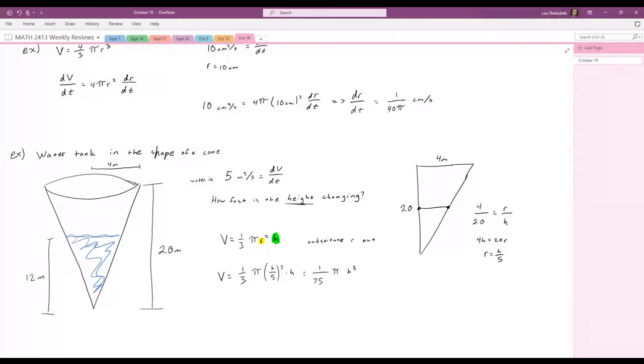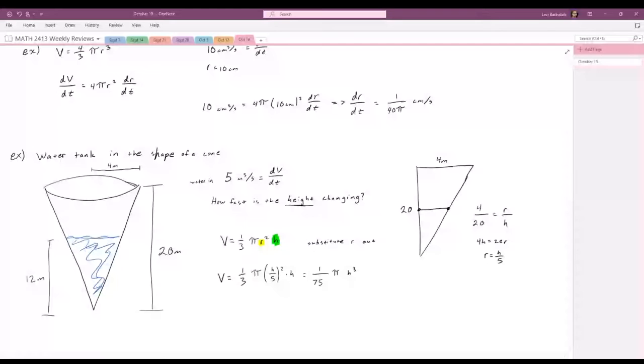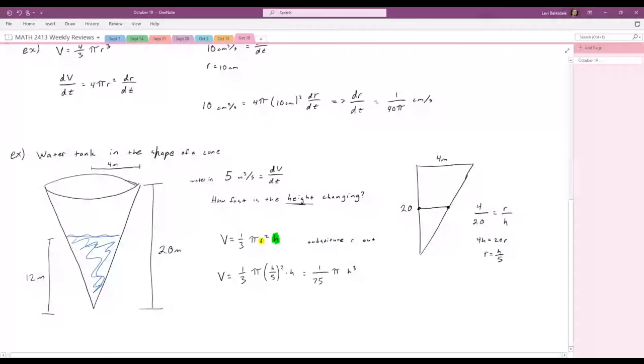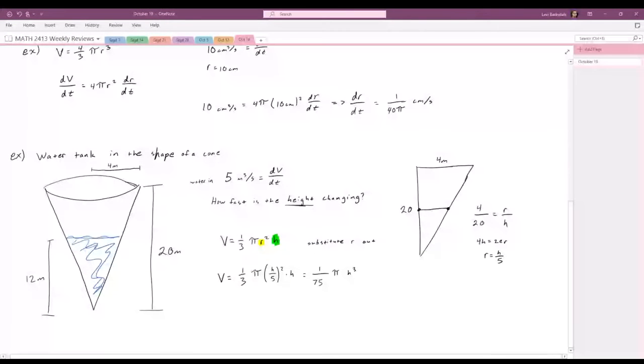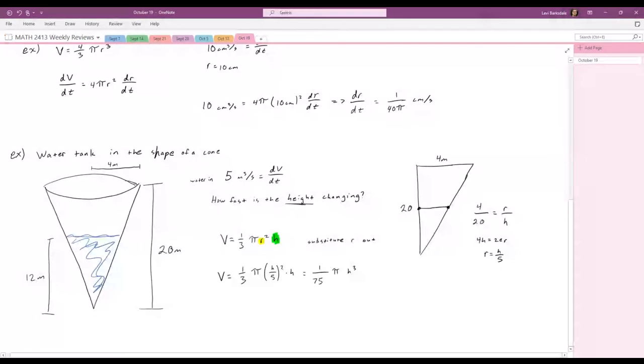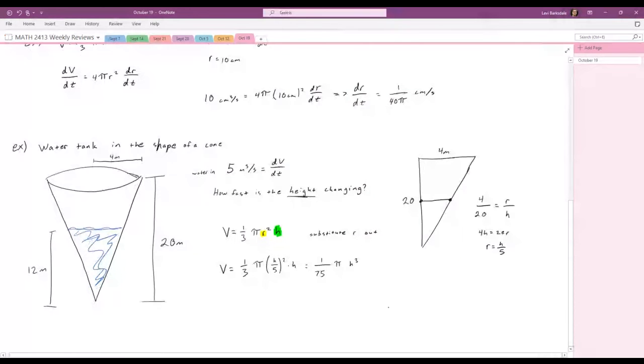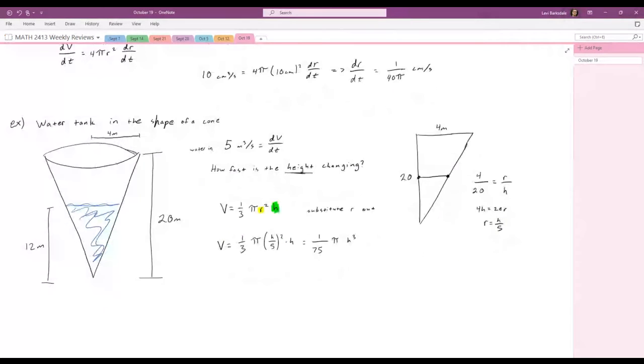Make sense? All right. So now that we have a formula for volume in terms of height, well, because my volume is related to my height, the derivative of volume should be related to the derivative of height.